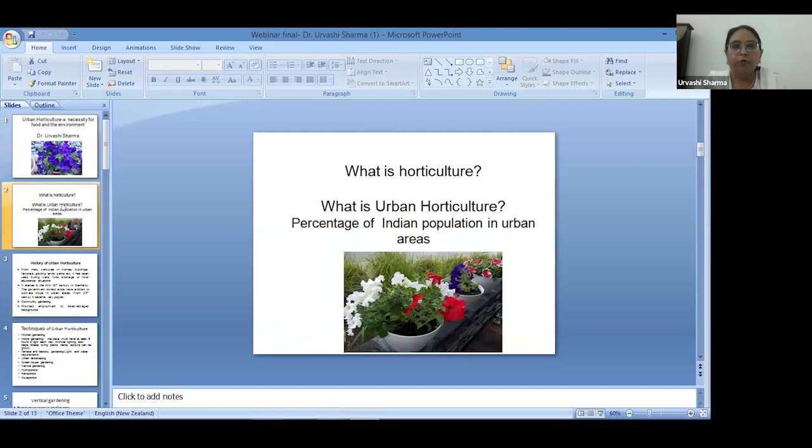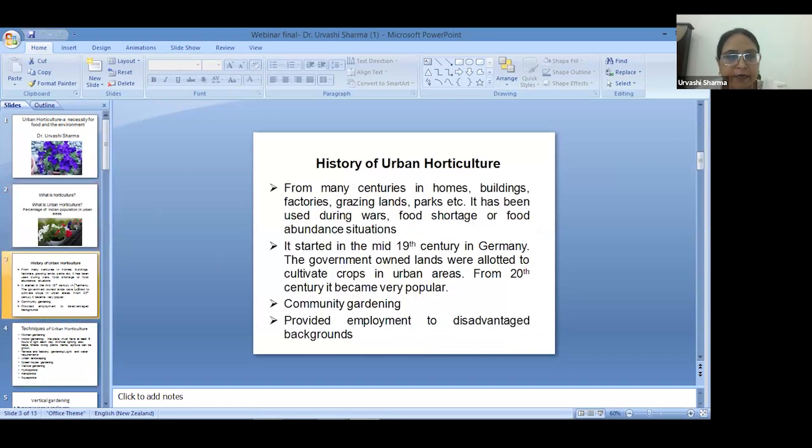Now, if we talk about the scenario of the Indian population, in India, 36% of people are staying in the urban areas as per the world data records, and it will increase day by day. So we have to be very careful to grow the plants here and to increase our horticulture here.